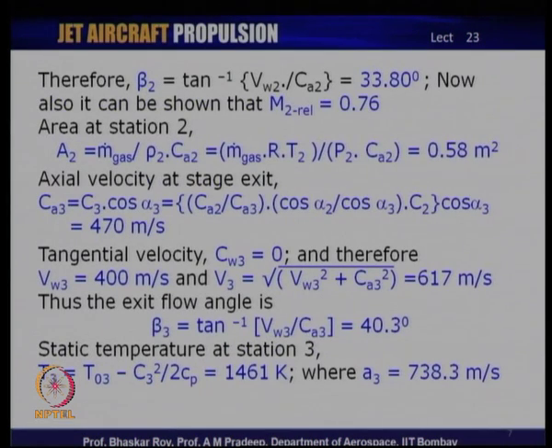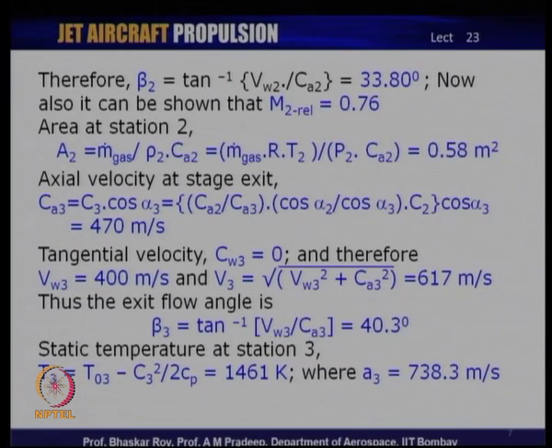If we move forward with these numbers and move on to the rotors, what we find there is that at the entry to the rotor, the relative flow angle beta 2 can now be found from the tangential velocity VW2 and the axial velocity CA2, and if we plug in those numbers, we get beta 2 equal to 33.8 degrees.